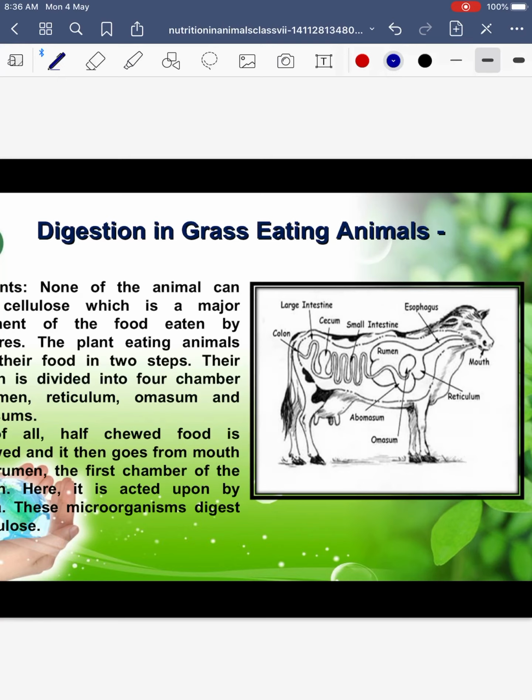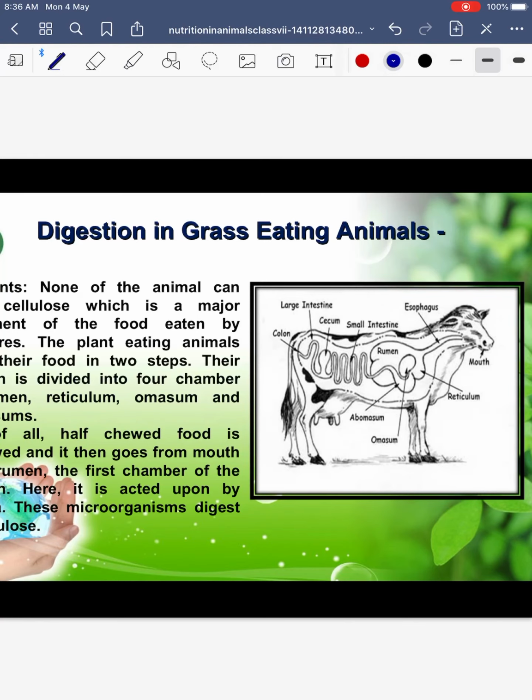In the small intestine, further digestion of food takes place. Its absorption takes place through villi, hair-like structures present inside the small intestine, and then final assimilation or absorption of energy takes place. Undigested food goes into the large intestine and the solid waste is excreted by the anus.